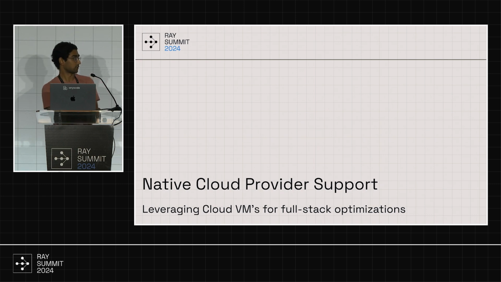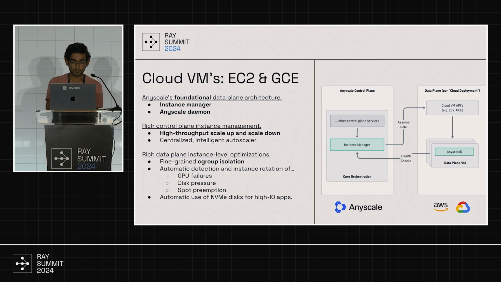To start out, let's talk about our first offering that we built out, which is native cloud provider support. This is directly leveraging cloud VMs to do our orchestration and run Ray clusters. The most basic unit of compute that we get from these clouds is the VM, right? You can use the EC2 API or the GCE API and acquire an instance and run whatever you want on the instance.